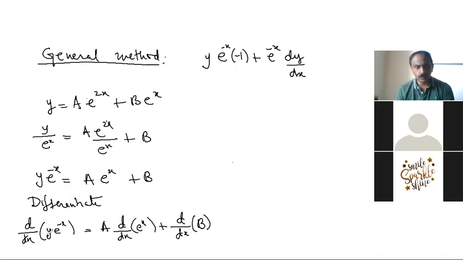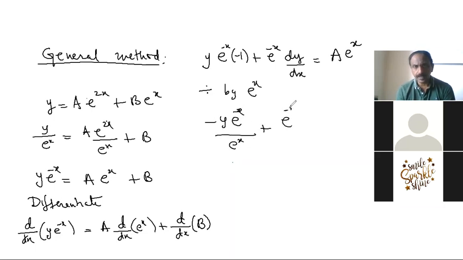What did I do here? I applied the product rule on y and e raised to minus x. A into the derivative of e raised to x is e raised to x only. Again, a is with a function, so again divide by e raised to x. So minus y e raised to minus x divided by e raised to x plus e raised to minus x into dy by dx divided by e raised to x is equal to a.